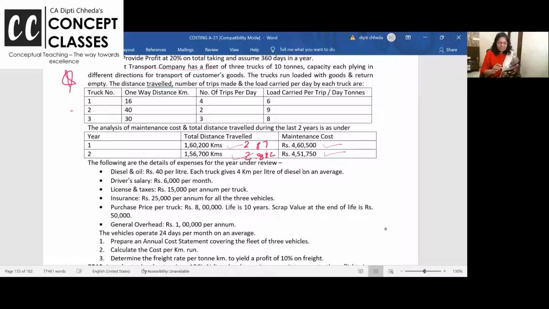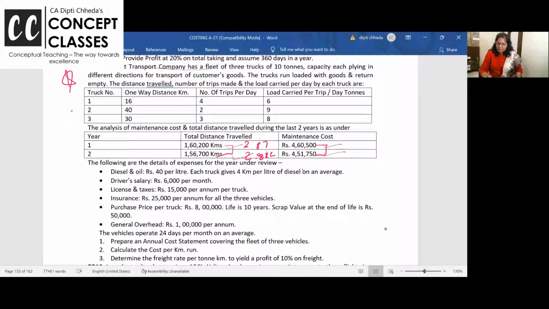So this is not the same per unit. Variable cost is constant per unit. Fixed cost is constant in total. But can we now calculate change in cost divided by change in kilometers?